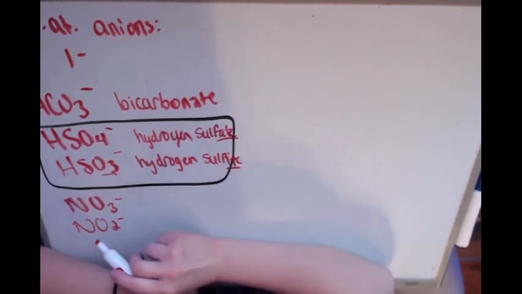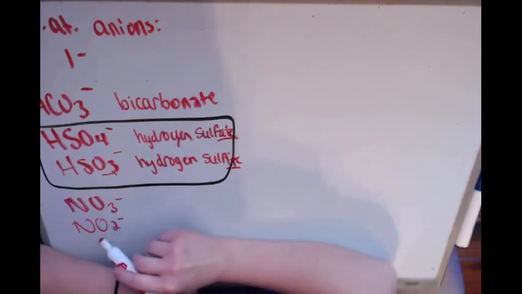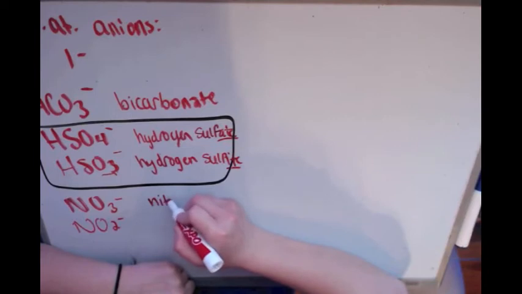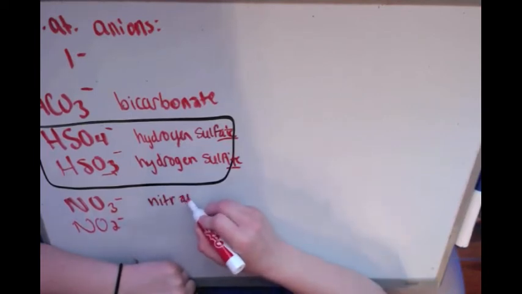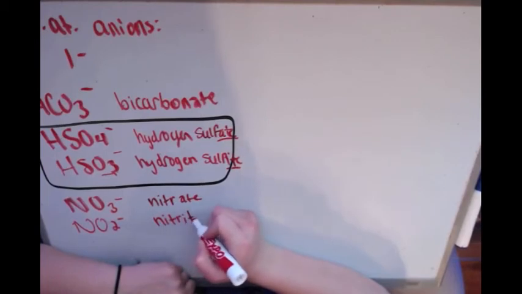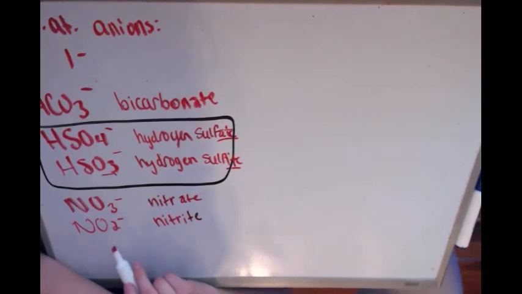There's no hydrogen here, there's nitrogen, and there's oxygen. So this is a nitrogen containing oxyanion. And we call that nitrate and nitrite. Notice there's one more oxygen here than here. This is ate and this is ite.